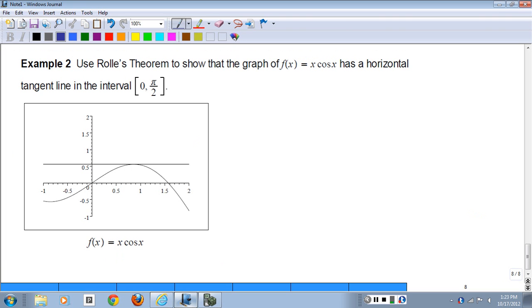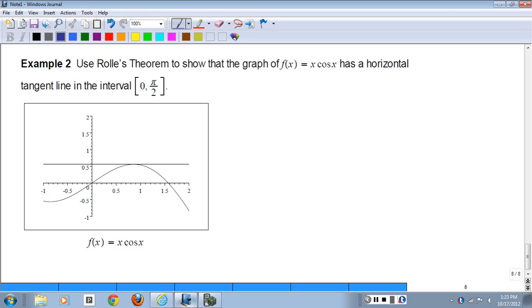So what do we need to check? Well, x is polynomial. It's continuous and differentiable everywhere. Cosine x is, well, it's cosine x. When we looked at the trig functions, basically we said they're continuous and differentiable everywhere that they're defined, and cosine x is defined everywhere. So the product of these continuous functions is continuous, and by the product rule, the product of these differentiable functions is differentiable.